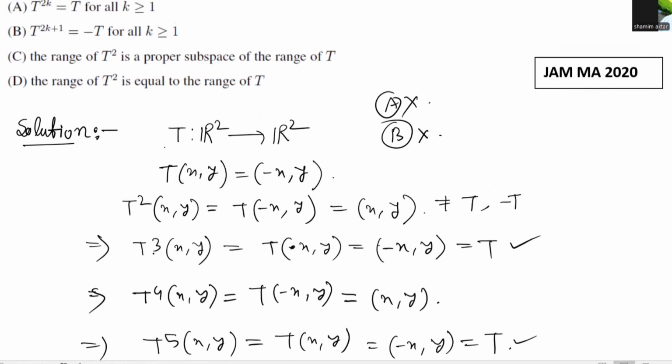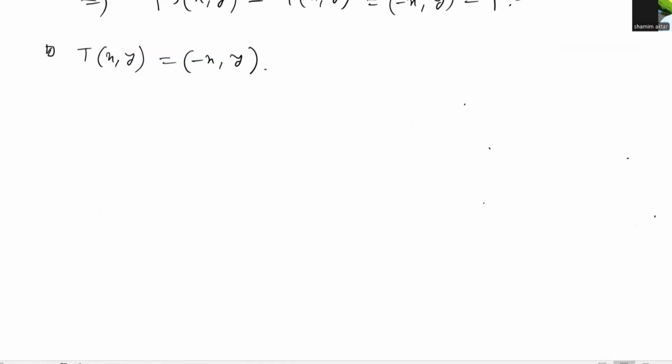Now option C says that the range of T squared is a proper subset of the range of T. Next we find the range of T. If x is greater than 0 and y is an arbitrary real number, then T(x, y) equals (-x, y). So if x is greater than 0, then the x in the range is negative.